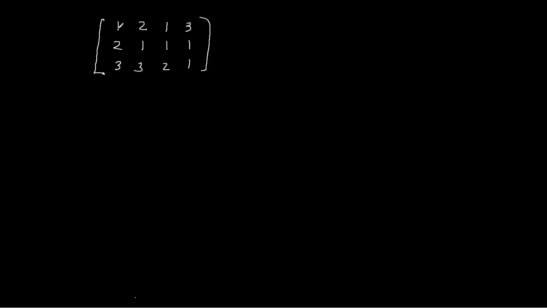The next step is make sure that everything below it becomes 0. Okay. So how do we make this 2 a 0 given row 1? Well, we can multiply row 1 by -2 and then add them together, okay?